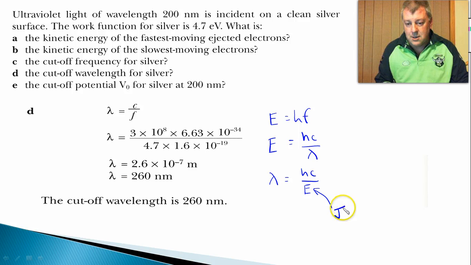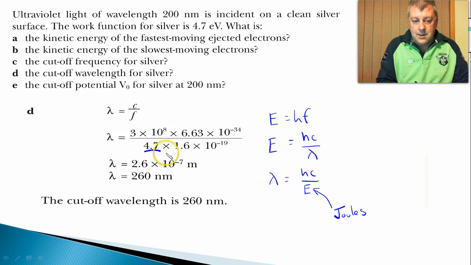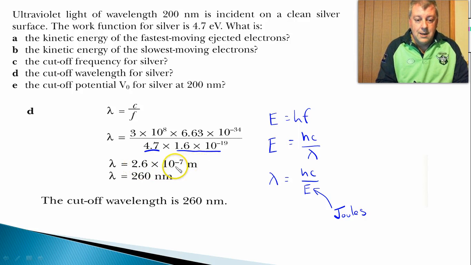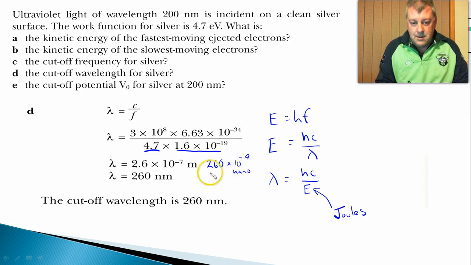We need to have this in joules. So they've taken the electron volts and multiplied by the conversion factor for joules. And so you get your answer in wavelength, and then they've moved the decimal place, so that's the same as writing 260 times 10 to the minus 9, where that's a nano, and so 260 nanometers is the answer.